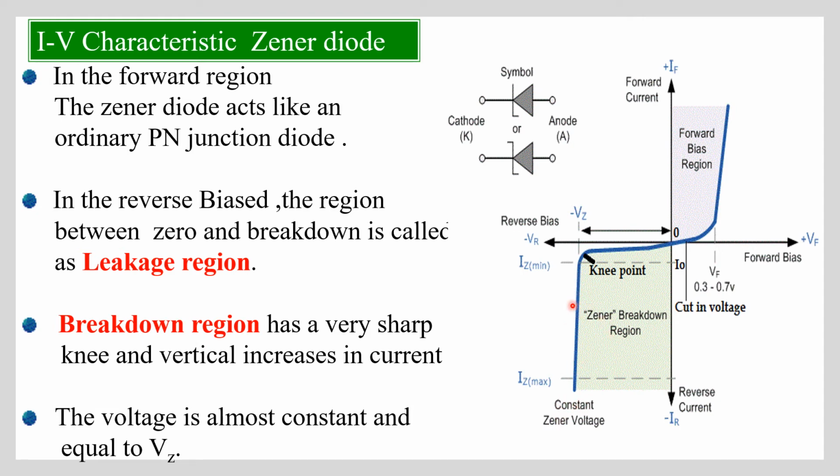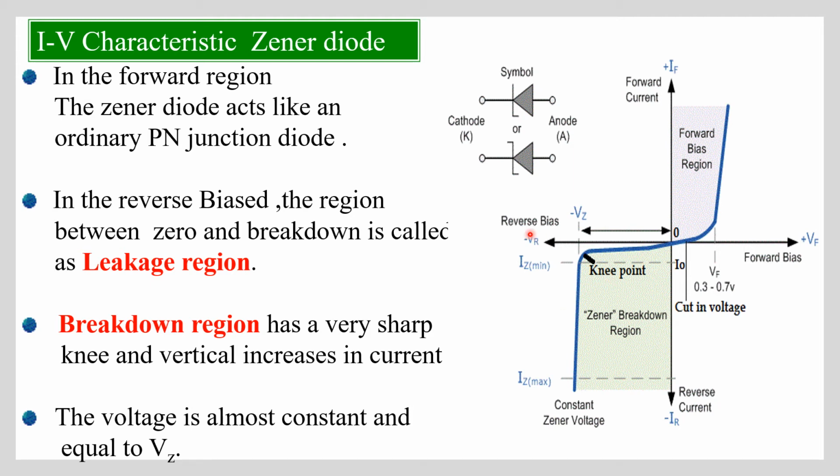See, current is increasing vertically. The voltage is almost constant and that is equal to Vz over most of the breakdown region, where Vz is specified at a particular test current. For the normal operation, the current through the diode should be limited by an external circuit to a suitable value.